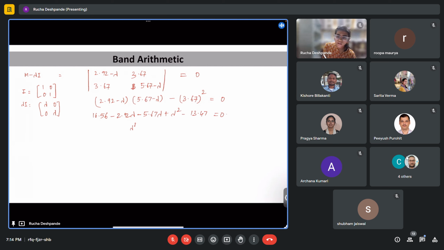So here we get a quadratic equation in terms of lambda.